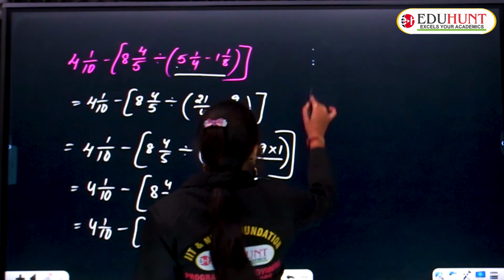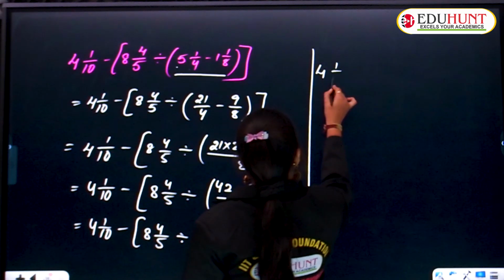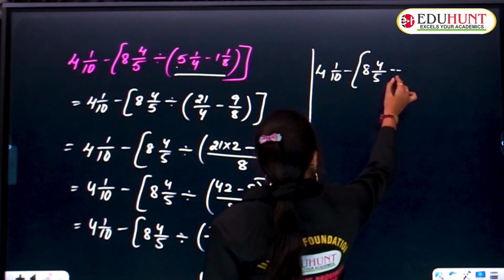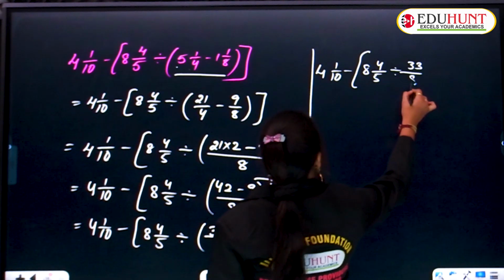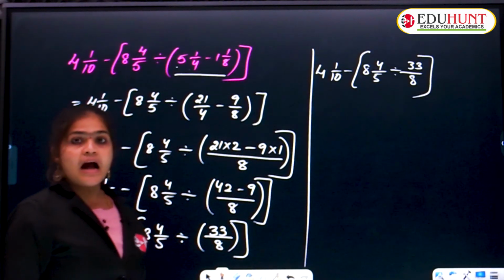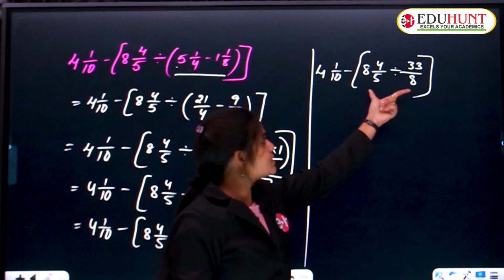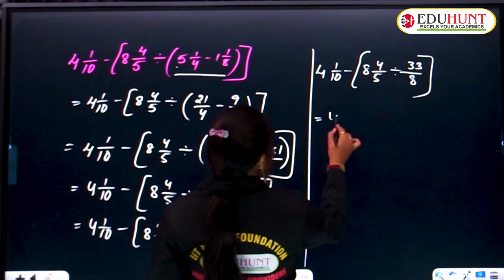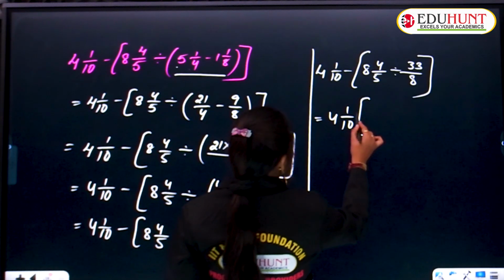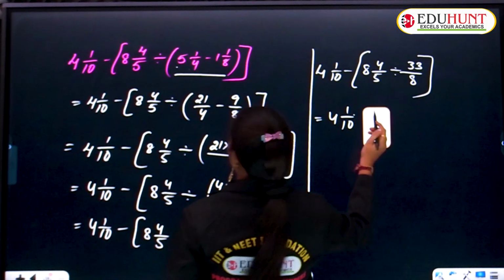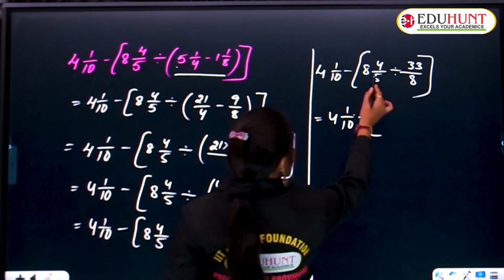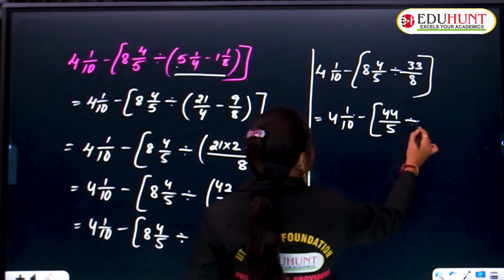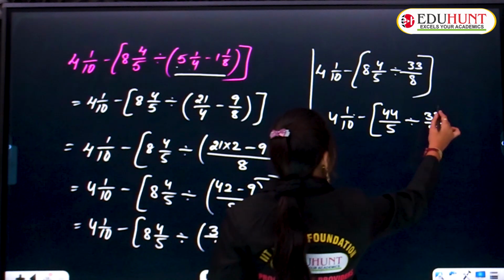After this, you will get 4 1/10 minus [8 4/5 divided by 33/8]. Just remove the brackets here. After that, simplify this bracket. Inside this bracket, we need to simplify these values: 5 8s are 40, 40 plus 4, 44 by 5 divided by 33 by 8.